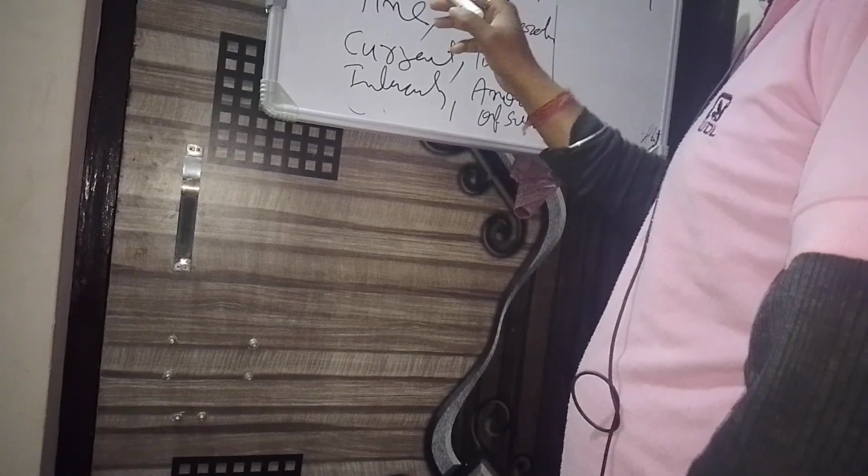Mass, length, time, temperature, current, luminous intensity, amount of substance. There are 7 fundamental physical quantities: mass, length, time, temperature, current, luminous intensity, amount of substance.